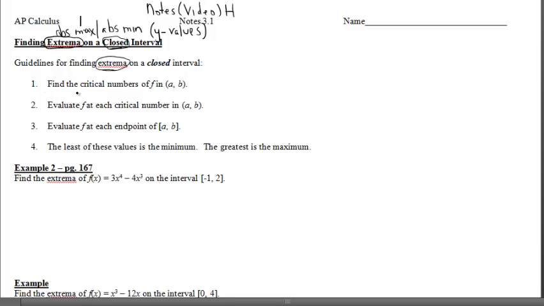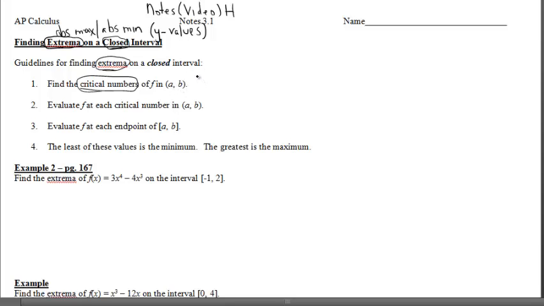All right, the first thing we're going to do is find the critical numbers. Well, you're probably thinking, what's that exactly? We're going to find the critical numbers of the function in an open interval, because of the parentheses, (a, b).